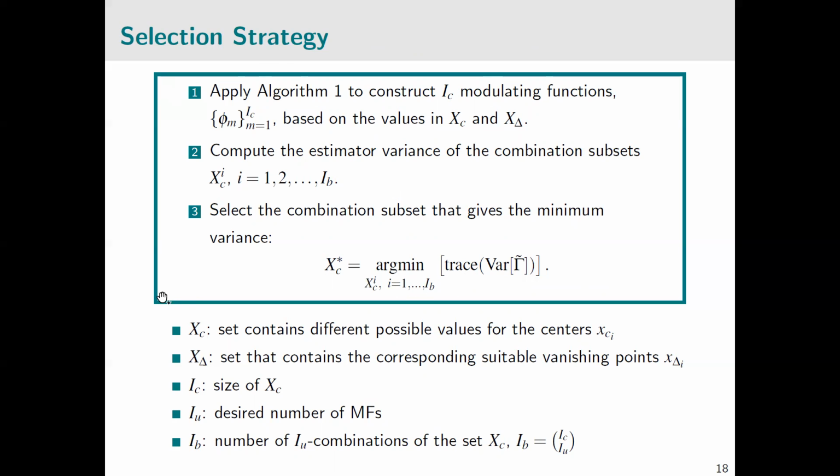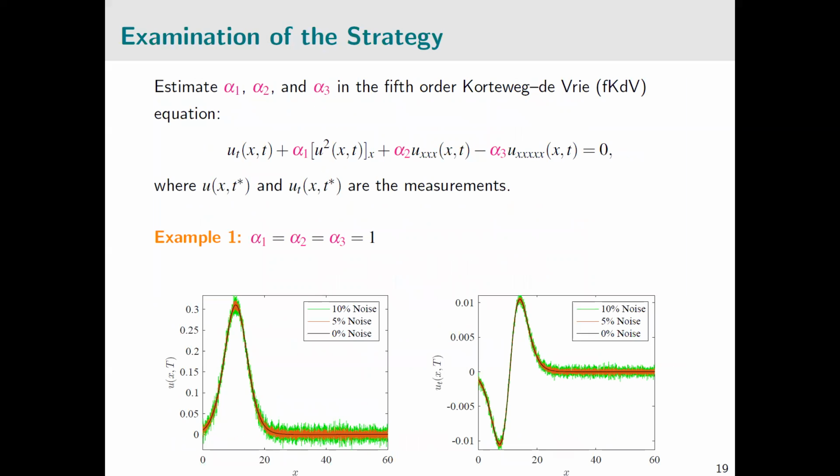This is the proposed strategy, and we are now ready to examine it numerically. We try to estimate 3 coefficients, alpha 1, alpha 2, and alpha 3, in the 5th order KdV equation, assuming that we have final time measurements.